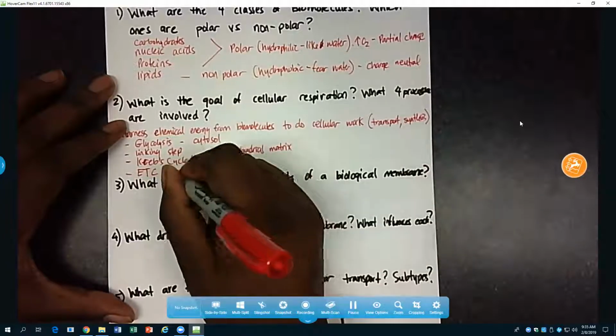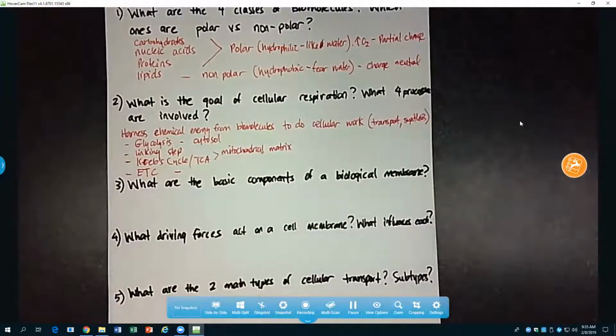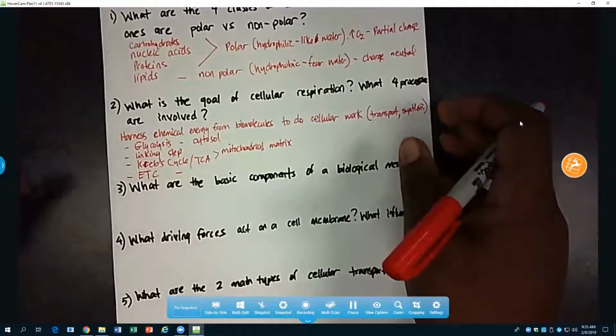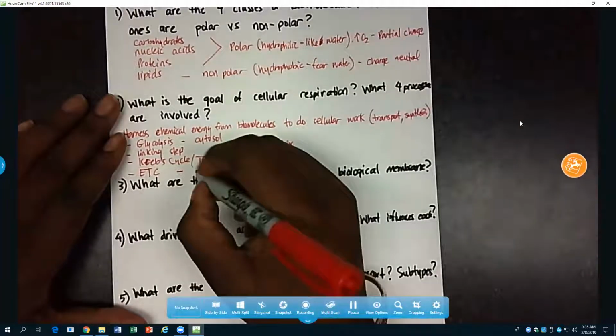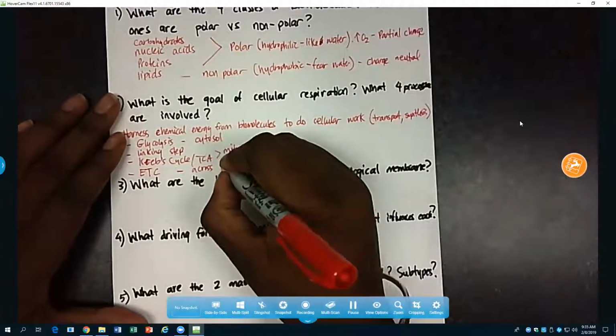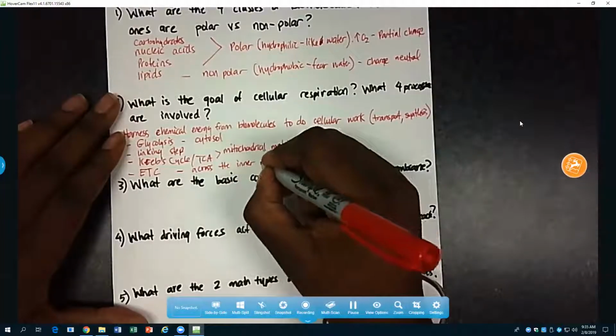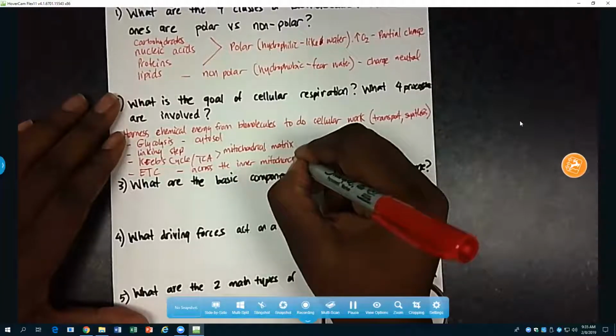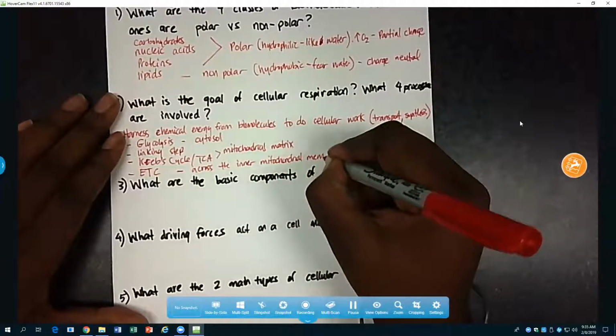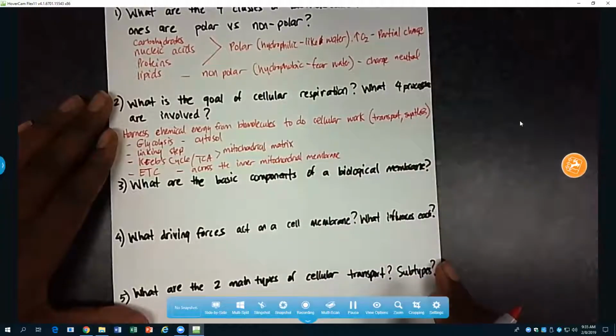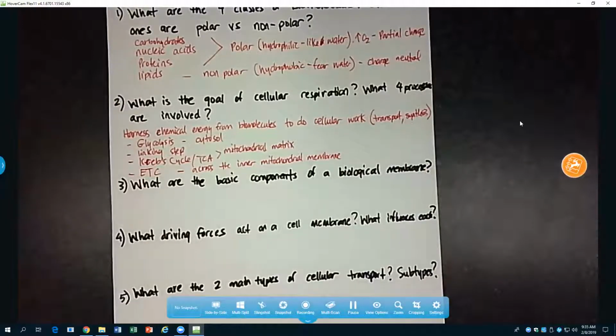And where did the electron transport chain occur? This occurred across the inner mitochondrial membrane. Right, if we remember those proteins, those complexes that were inserted into the inner mitochondrial membrane, the electron transport chain took place across that membrane. Okay, that was oxidative phosphorylation.